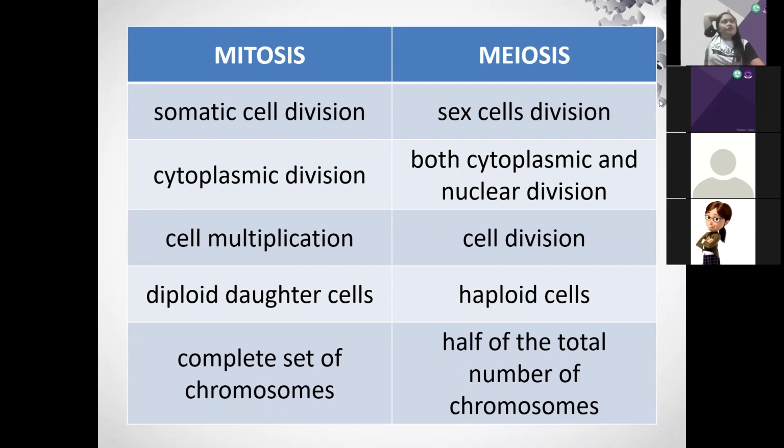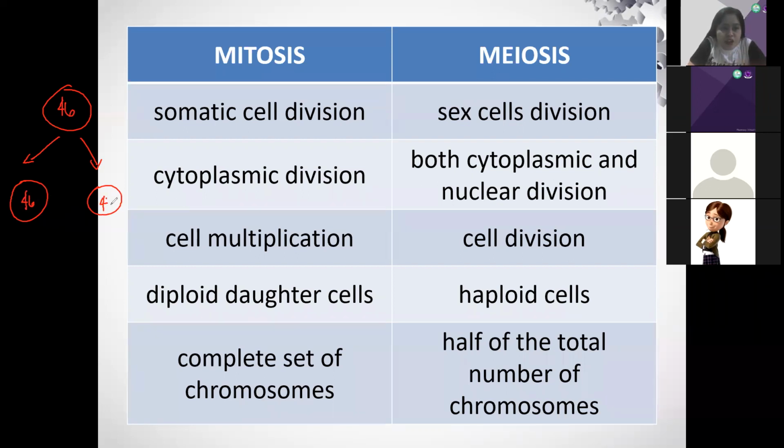Okay, a total of 46, or we can say that it's 23 pairs. So when these body cells divide, if you have one body cell and then it undergoes mitosis, you will have two daughter cells. Meron itong 46 chromosomes. The two daughter cells will also have 46 chromosomes. Or again, pwede siyang tawaging 23 pairs. Okay? That is for mitosis.